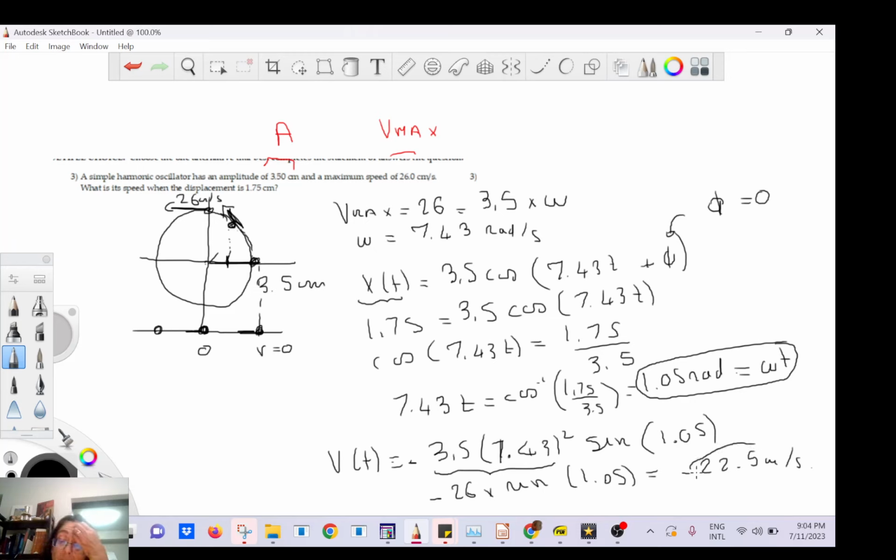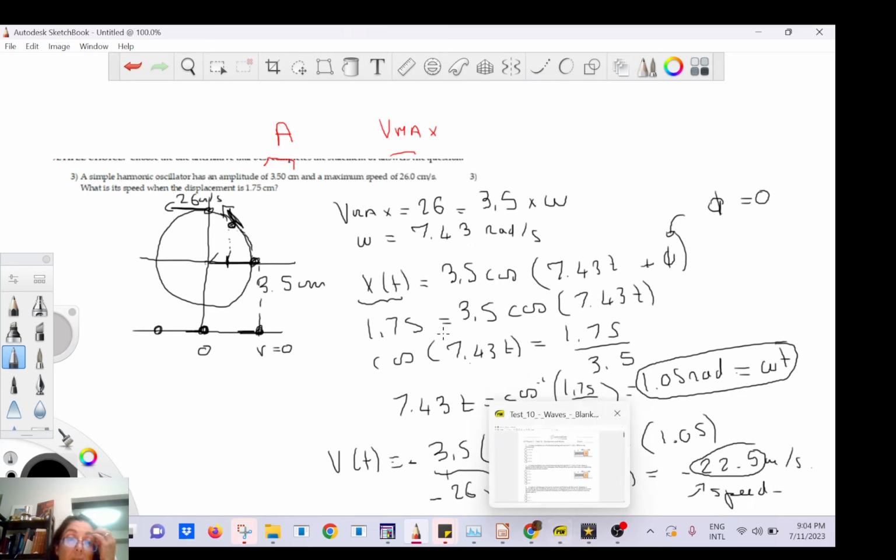So the speed, they just want the speed. So that will be your speed here. See, I didn't have to do that because you are already given the maximum speed here. Okay, so that's going to be the speed here. That's all you want. Okay.